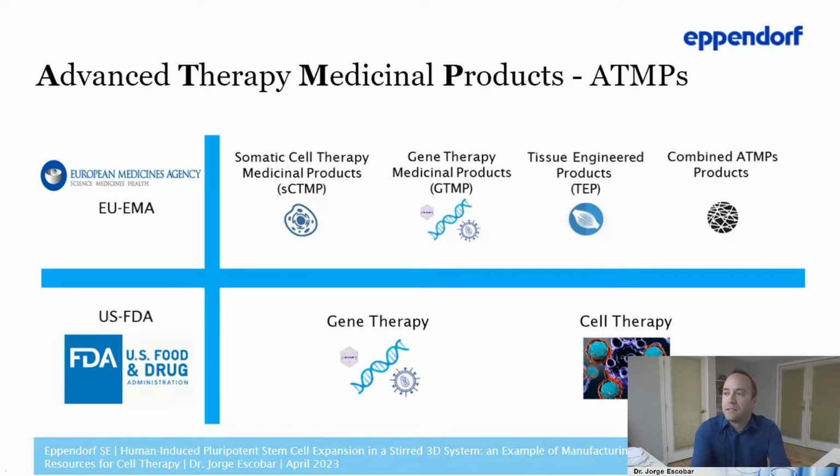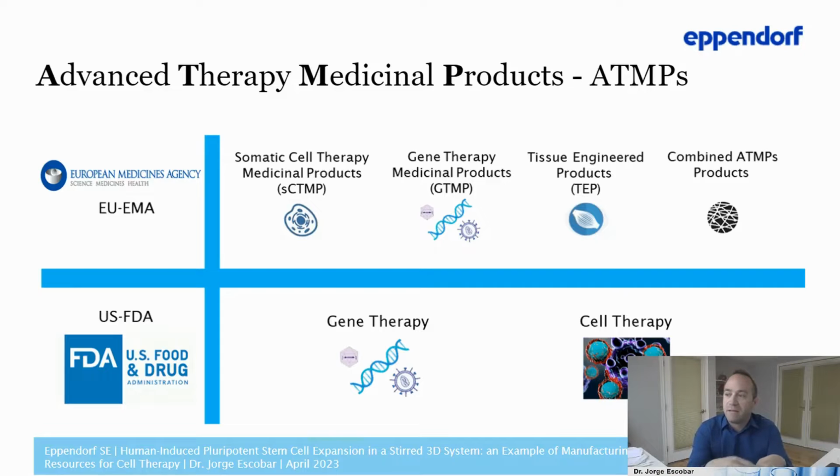Going into more detail, let me talk a little bit more about advanced therapy. Advanced therapy medicinal products, ATMP, are innovative biopharmaceuticals for human use, where the active substance is a biological substance or is harvested from a biological source.